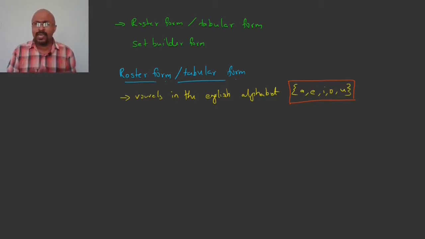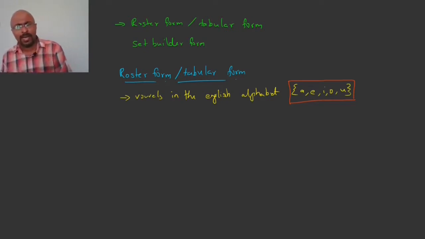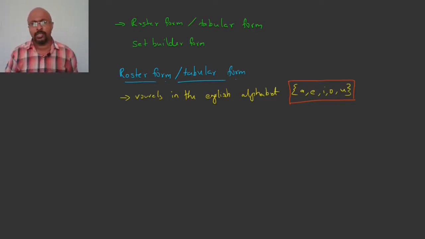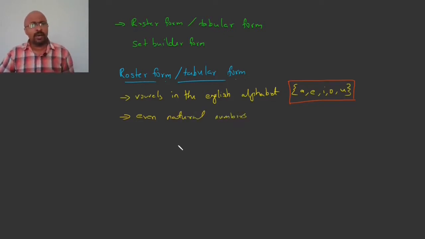So we can represent a set in roster form or tabular form by listing the elements separated by commas and enclosed within braces. Let us consider another example: even natural numbers. What is a natural number? We already studied that natural numbers are integers greater than 0. So, what are the even natural numbers?